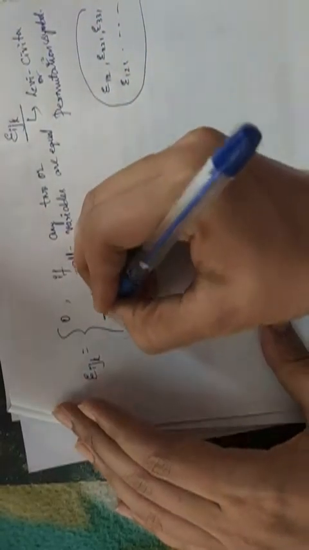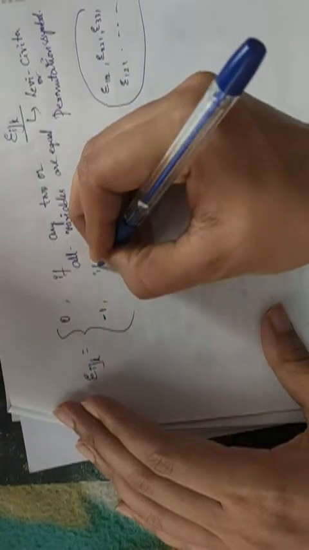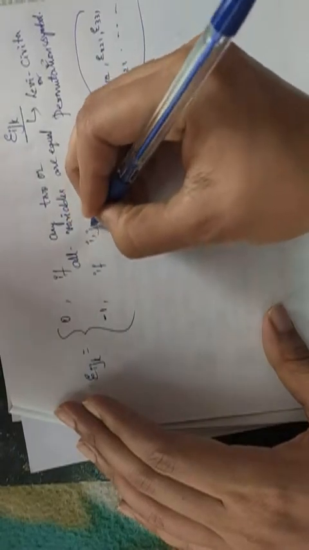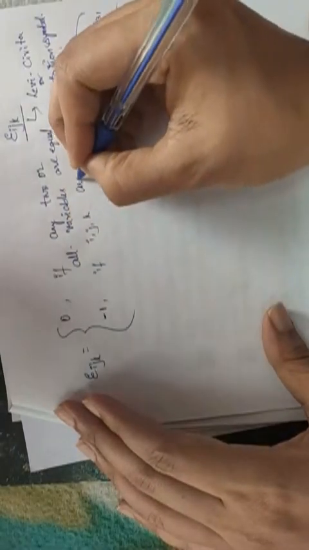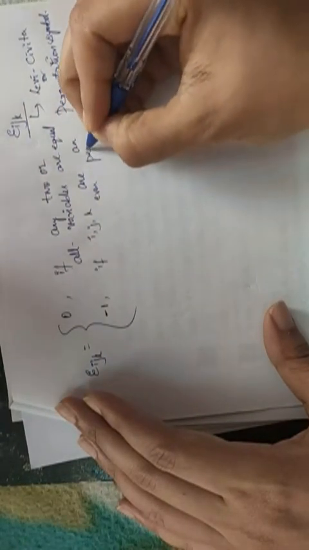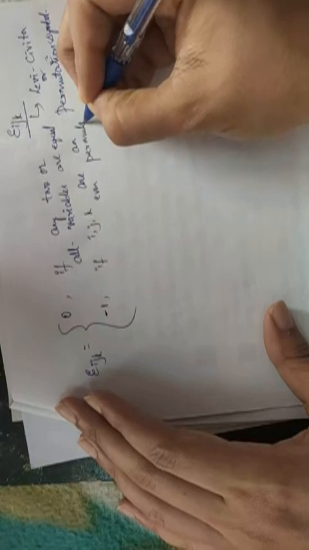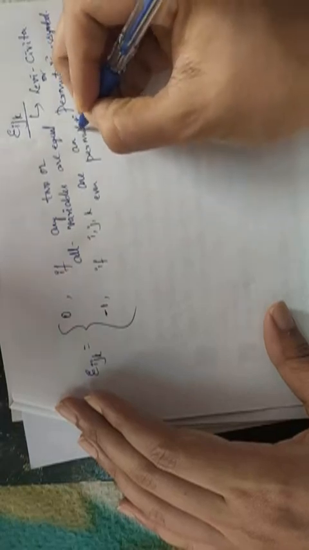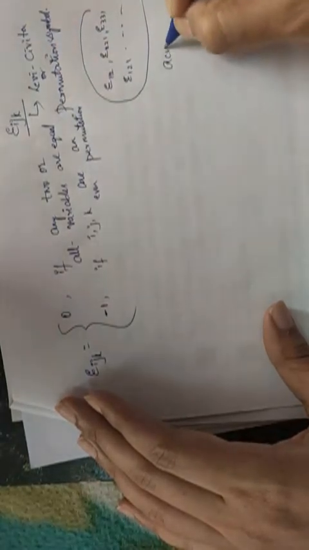So it will take the value -1 if ijk is an even permutation, or we can also say that ijk is arranged in an acyclic manner. I will use the word acyclic manner, okay?